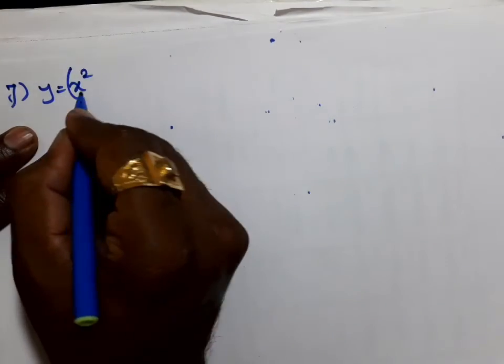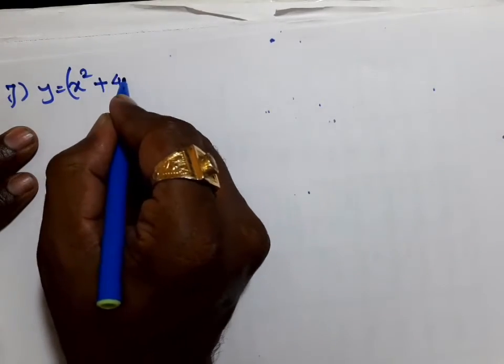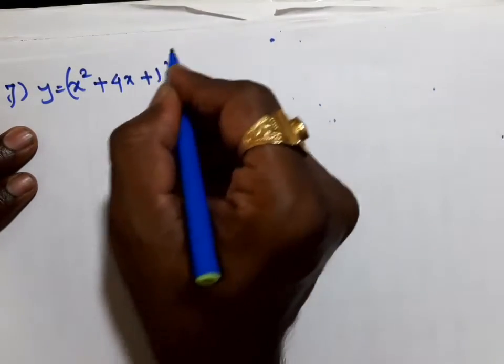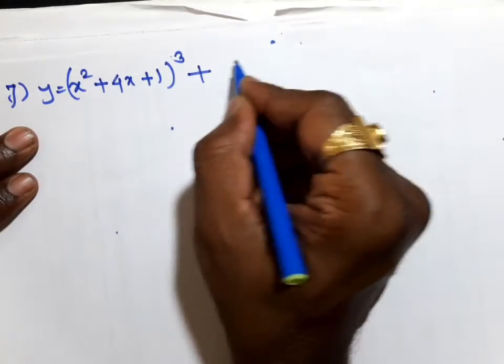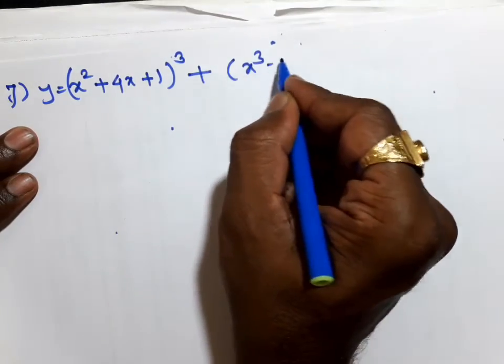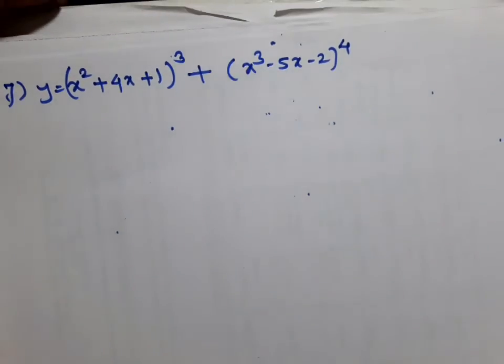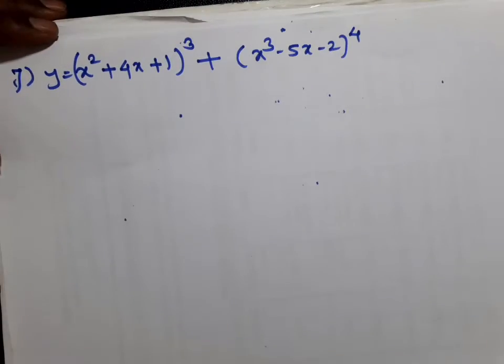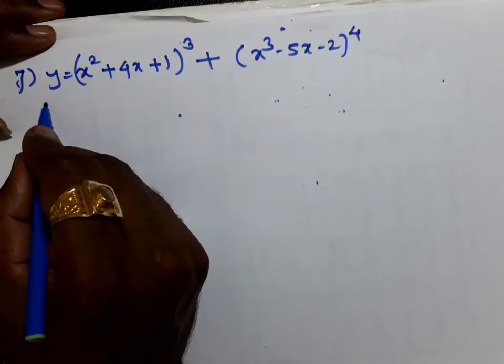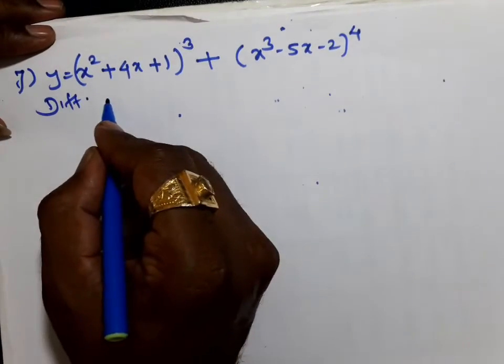y is equal to (x² + 4x + 1) raised to 3 plus (x³ − 5x − 2) raised to 4. Now here you are going to use the addition rule as well as the composite function.